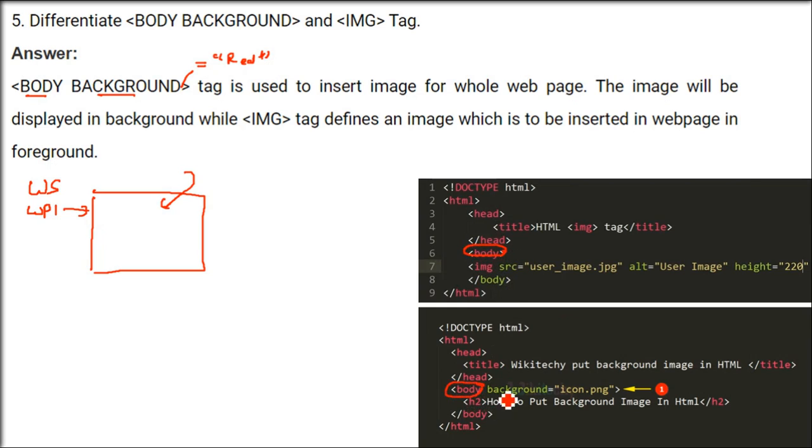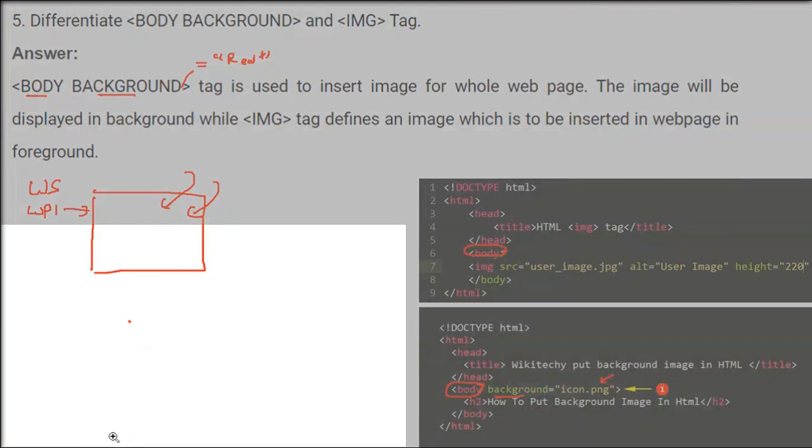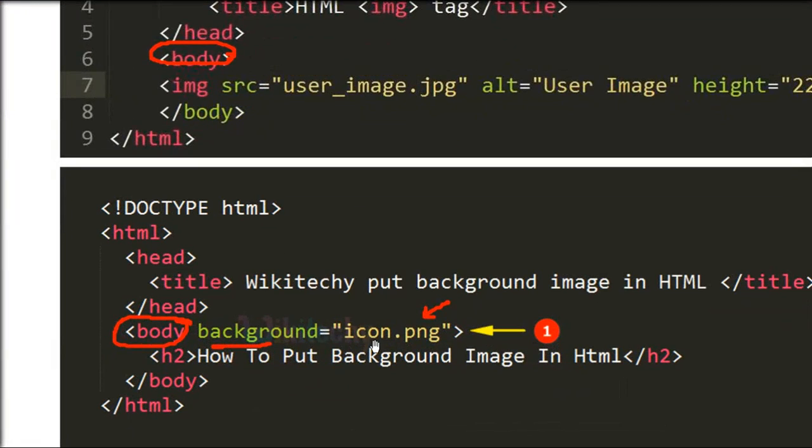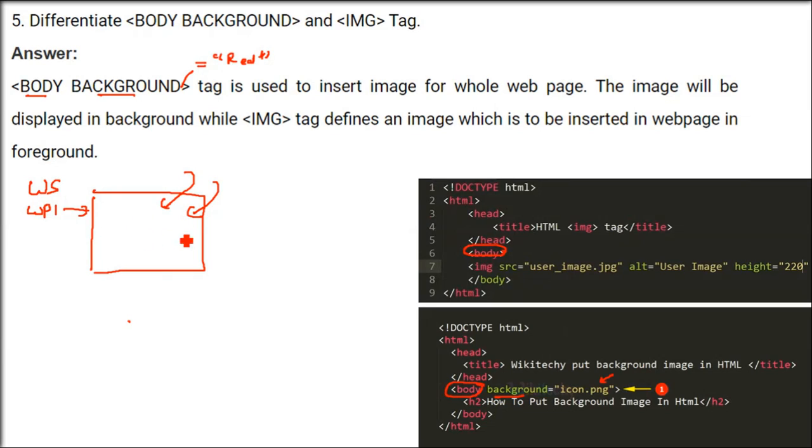But if you want to show your picture or say a watermark behind this page, whatever the content will come, you need to have a background image. For that you'll use background equals to some image. See, body background equals to a certain image, and this image will be shown on the whole page, not just one part, because we are talking about the whole body of the web page.